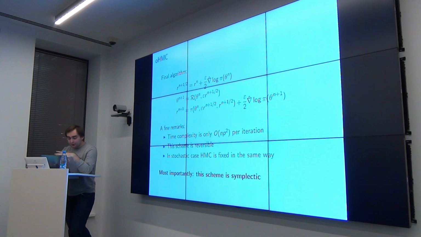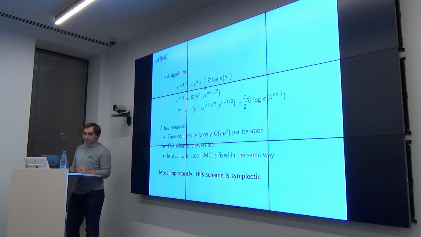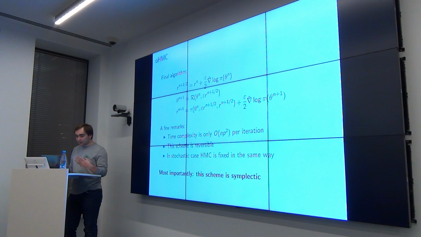So you compute theta n plus 1, and now you need to transport r n plus 1 half to the new tangent space, which is at that point theta n plus 1. So you transport it, and then you can update it. And you can iterate it for any number of steps.